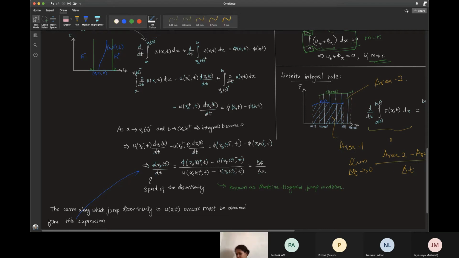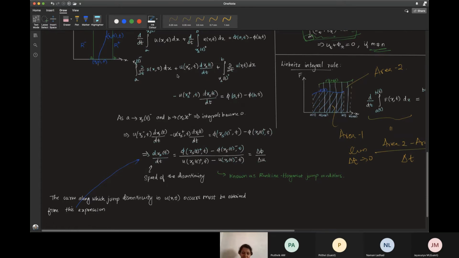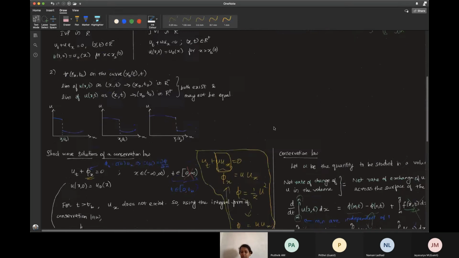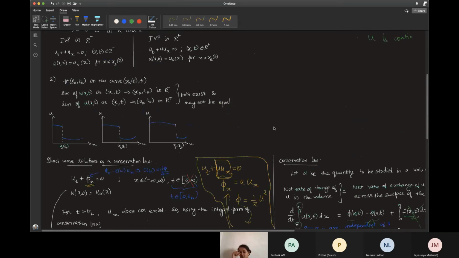Initially, we just drew a random curve and said that solutions must be piecewise constant across the curve. Now we have identified the curve exactly with this expression. So after identifying this curve, we'll be able to get a complete solution for u after the breaking time.